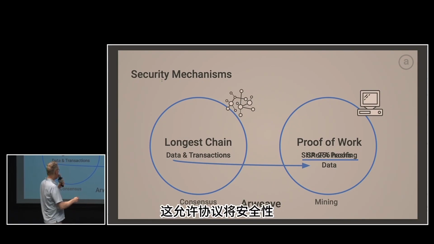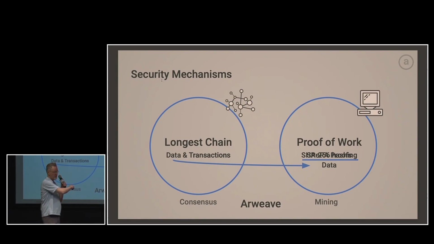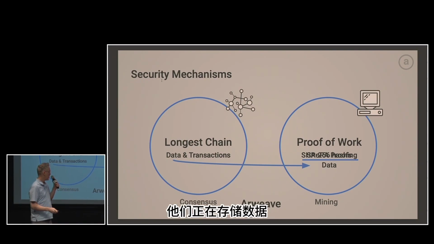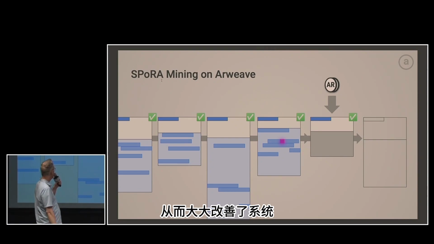And what this did is it allowed the protocol to move the security of the data from the consensus mechanism, which required everyone in the network to have it to come to agreement, to the mining mechanism, which meant miners could all individually prove that they were storing data, which greatly improved it.